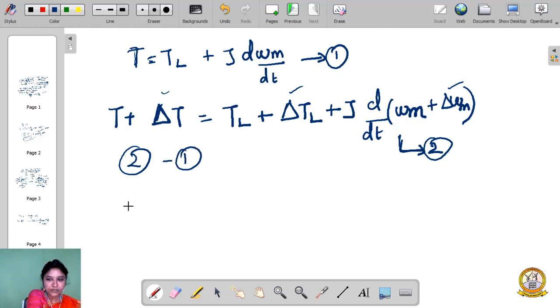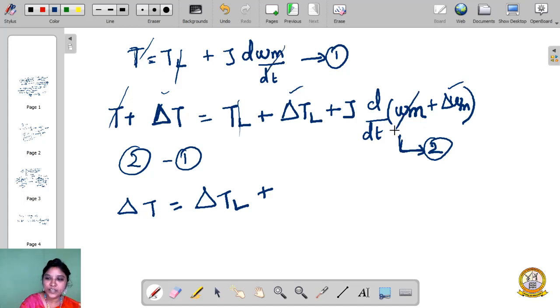What happens if you subtract the first equation from the second? T and T get cancelled, and we get delta T equal to, here TL and TL cancel when subtracted, the remaining delta TL plus, next the omega m terms get cancelled, J d by dt into del omega m.